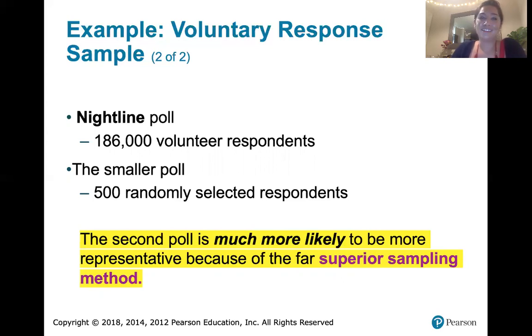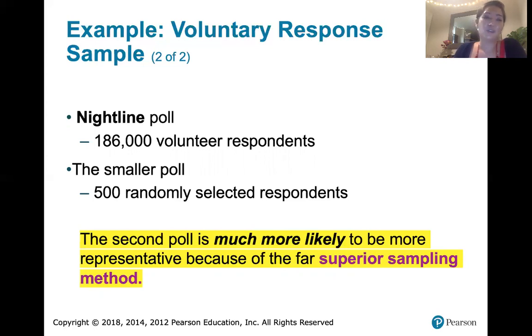So if I've got volunteer respondents, it doesn't really matter that there were 186,000 of them. It's not going to be accurate. It's not going to be trustworthy, because there's something about someone who chooses to volunteer that is just different from someone who doesn't choose to volunteer.